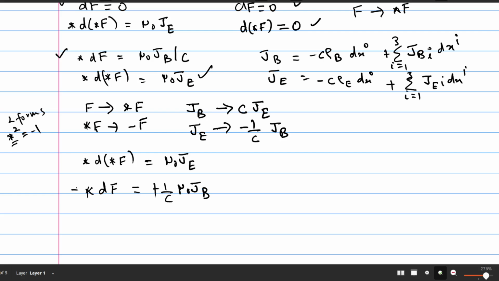This minus cancels with this minus, we get the first equation, Hodge star of df is equal to mu naught over c Jb. So in this form of Maxwell's equations, this electric magnetic duality is related to the Hodge duality of differential forms.